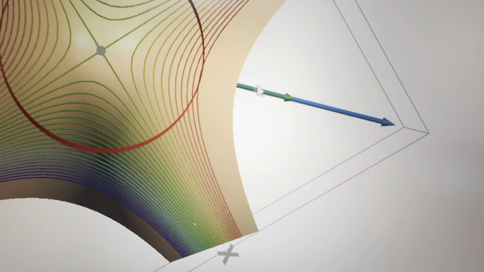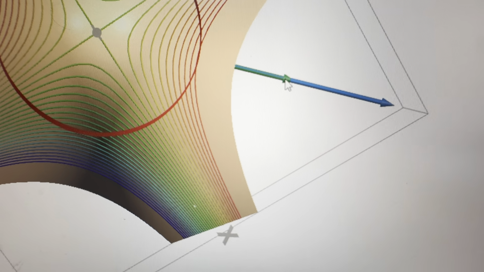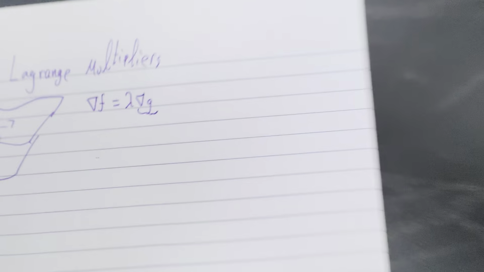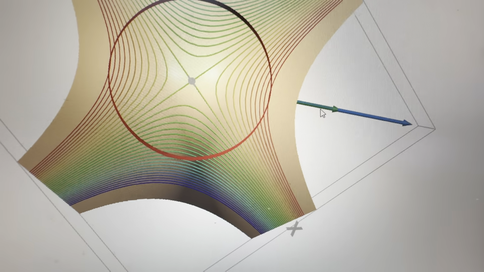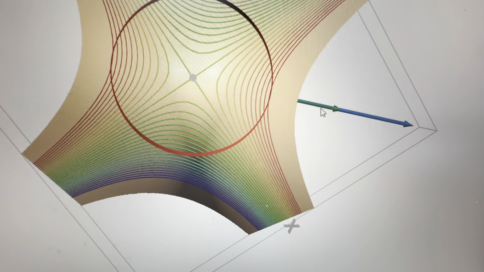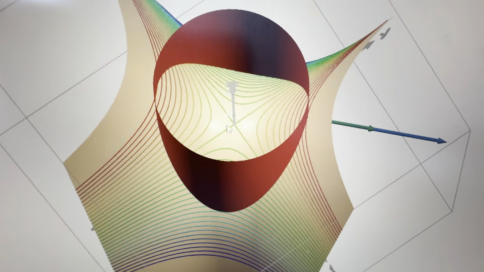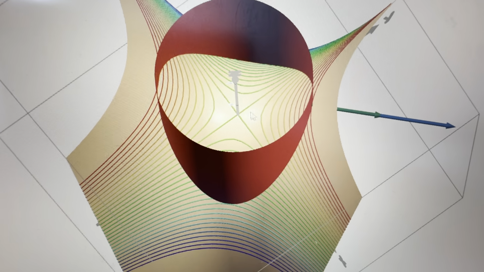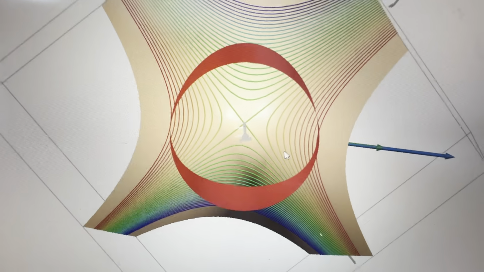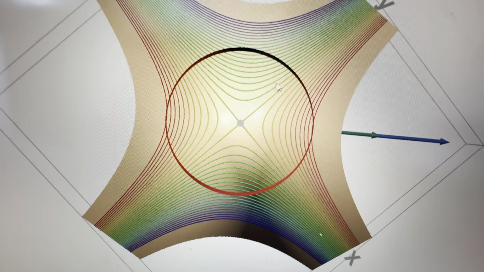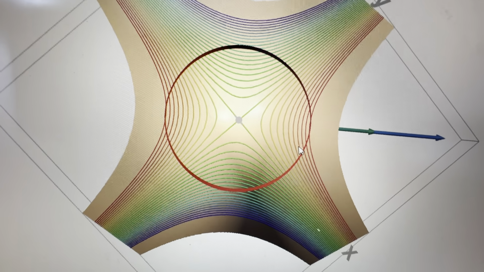And at that point, you could use this property and write down this equation and figure out that min or max. Now that doesn't account for saddle points like this, but on the boundary, it's going to work nicely.